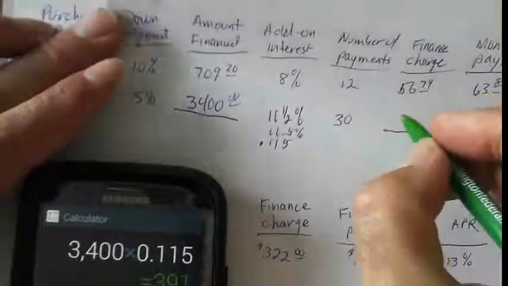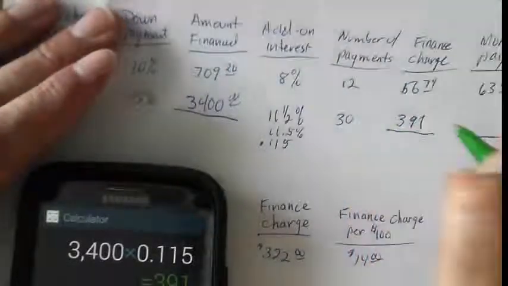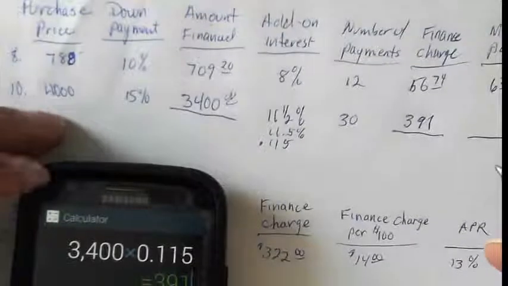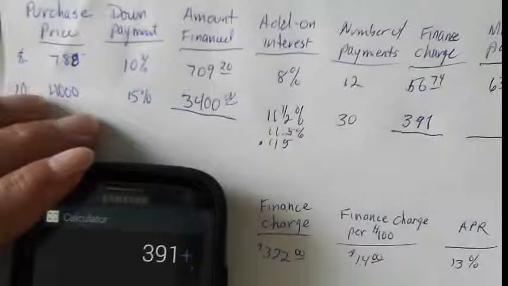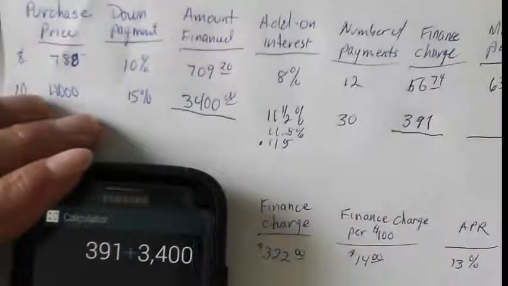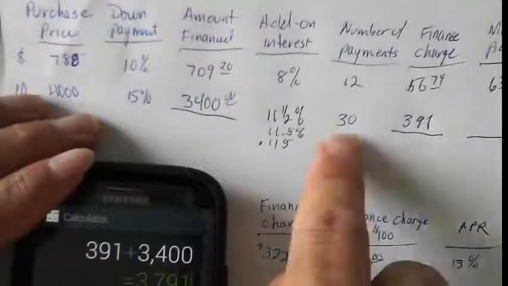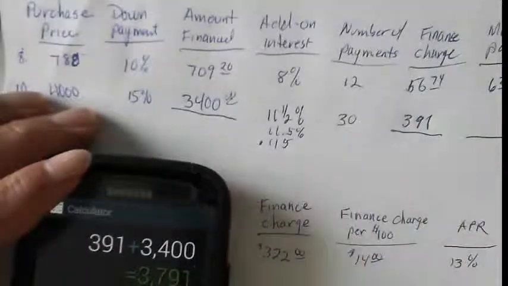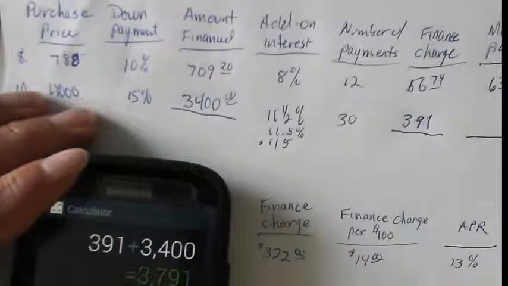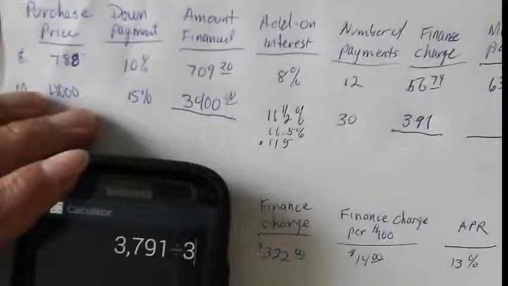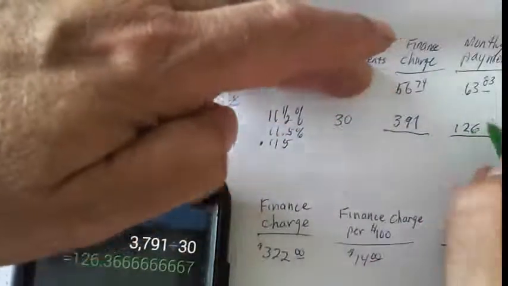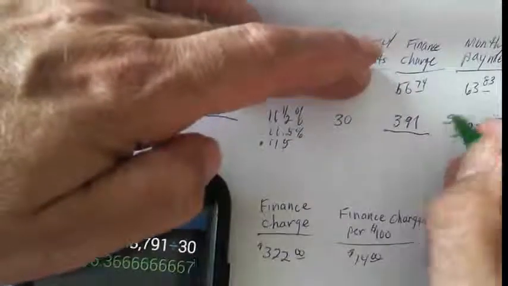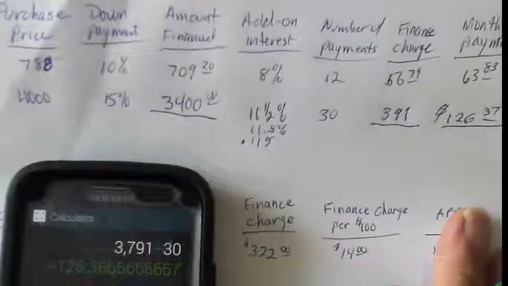Okay, so our finance charge then is going to be $391. Okay, so we add that back on to our amount financed and divide by 30 payments. So that is 2.5 years. We have 126.37. Okay.